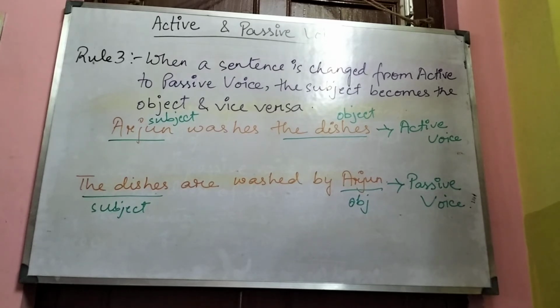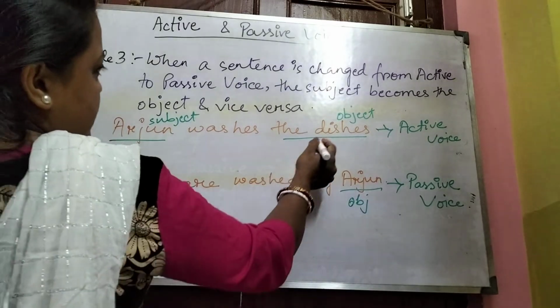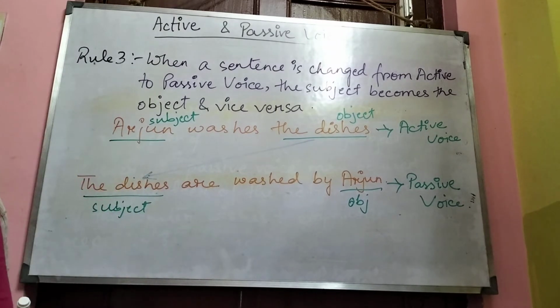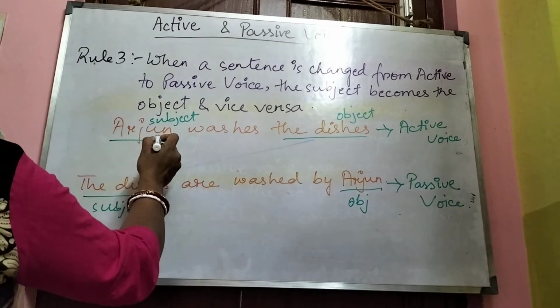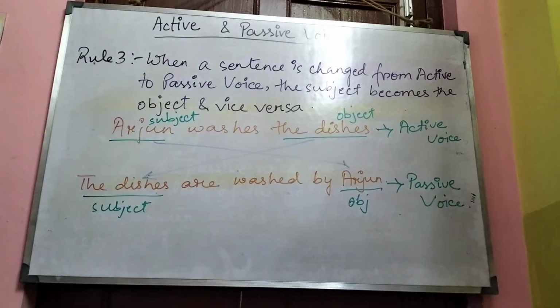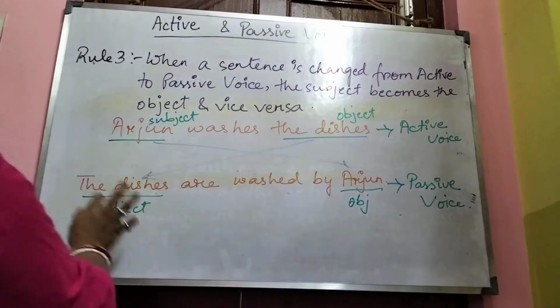That in active voice, the object was the dishes, so it becomes the subject in passive voice. And in active voice, Arjun was subject. That becomes the object in passive voice. Okay, so the subject is becoming object and the object is becoming subject.